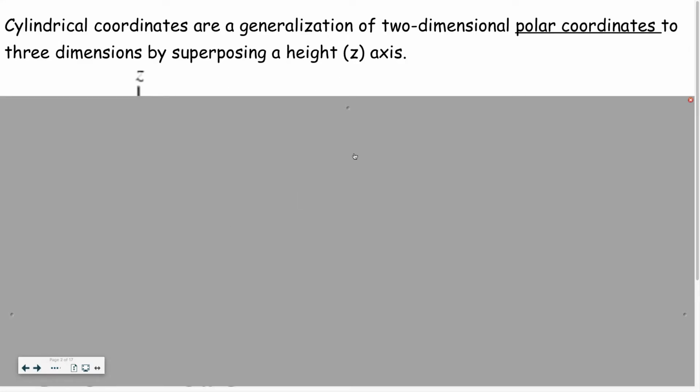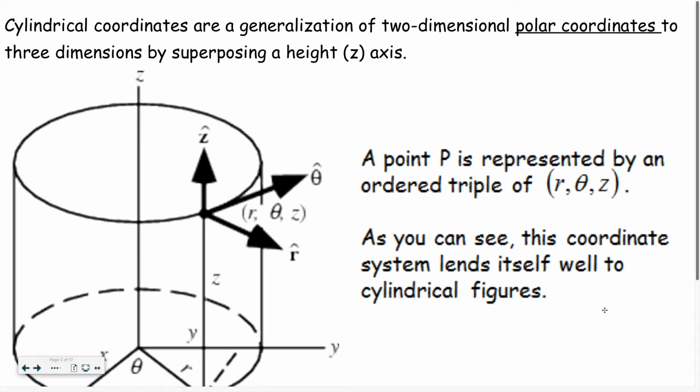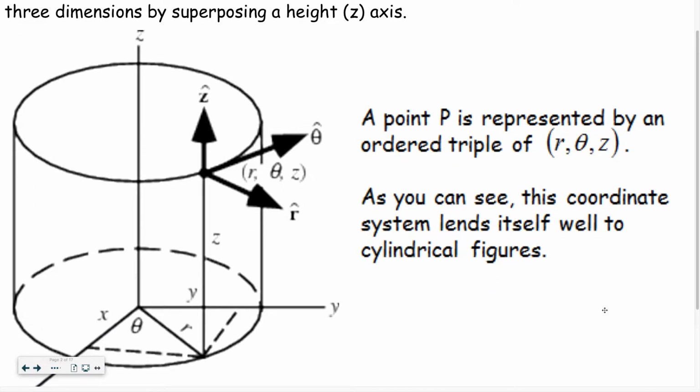Okay, so cylindrical coordinates are essentially polar coordinates with the z-axis. So what we have is the coordinate (r, theta, z), where r, theta is like the r comma theta that we worked with in 2 dimensions in January.